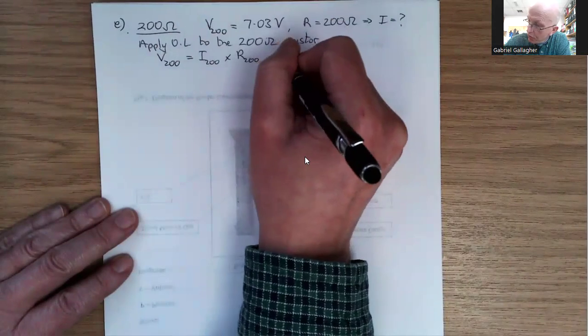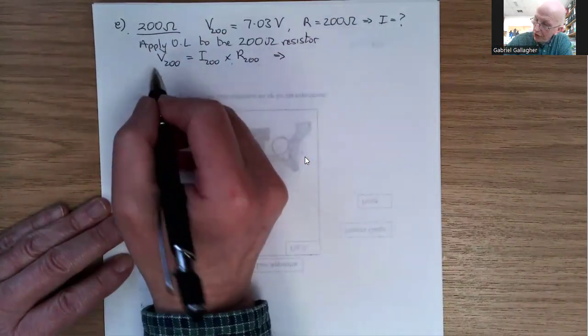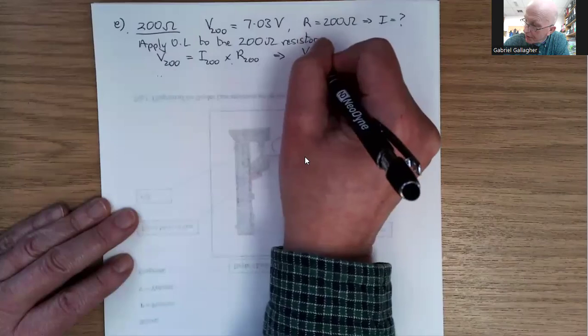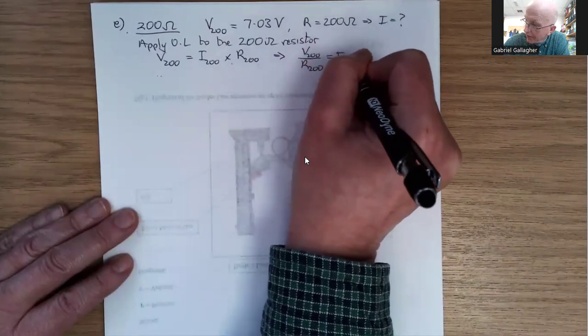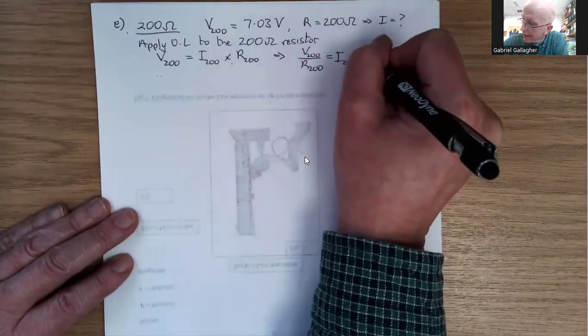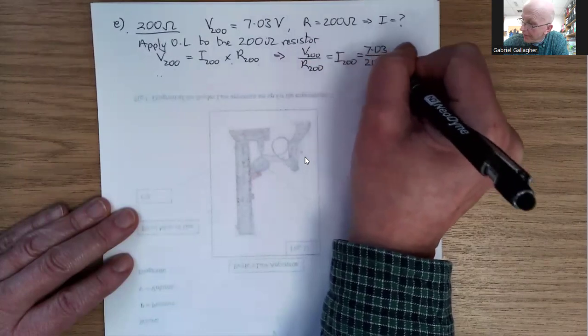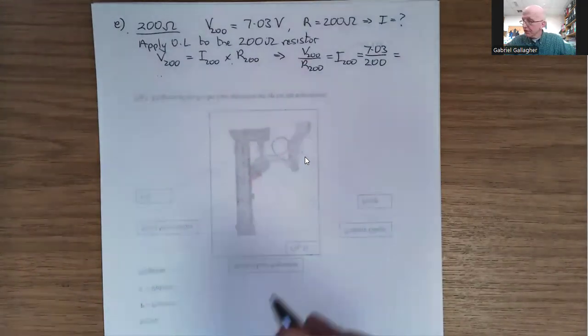Or what we normally do, if I divide by R200 there, R goes down here. V200 over R200 equals I200. That's going to equal 7.03 divided by 200. Or actually, even better, just look at the answer and you get 0.035 amps.